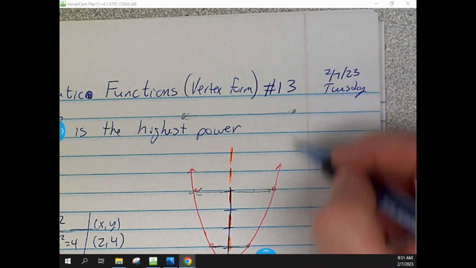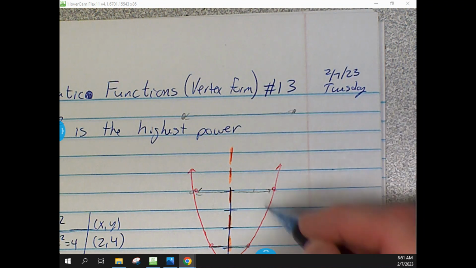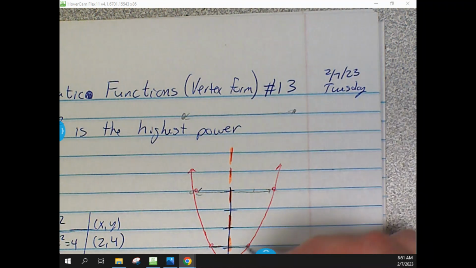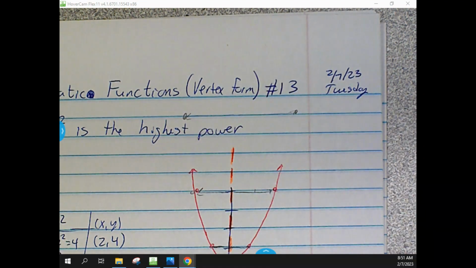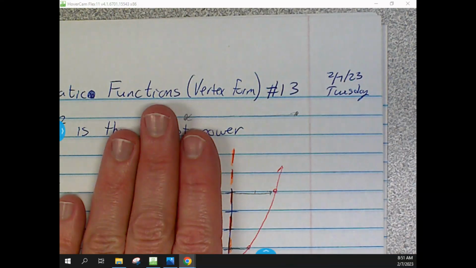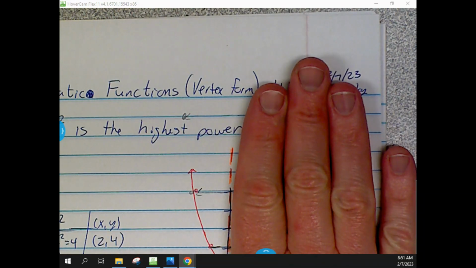You can do one side of the graph, and then every point that you use on this side, you can equally space out to the other side and draw it so it fits perfectly. Everything over here is going to be the same as everything over here.